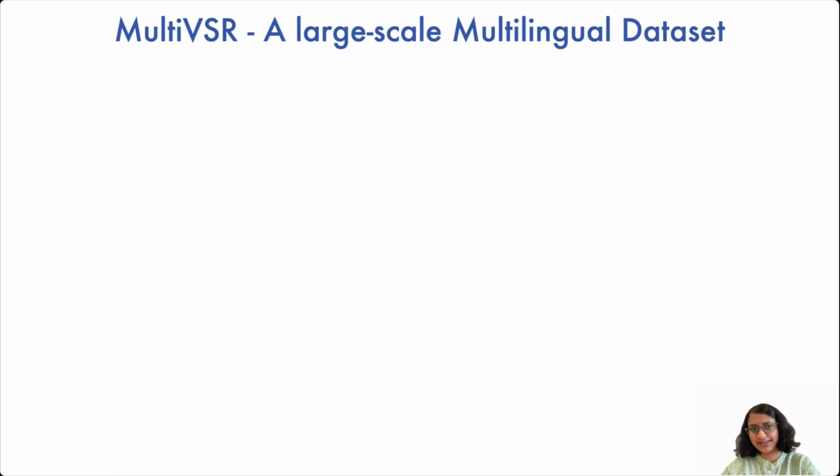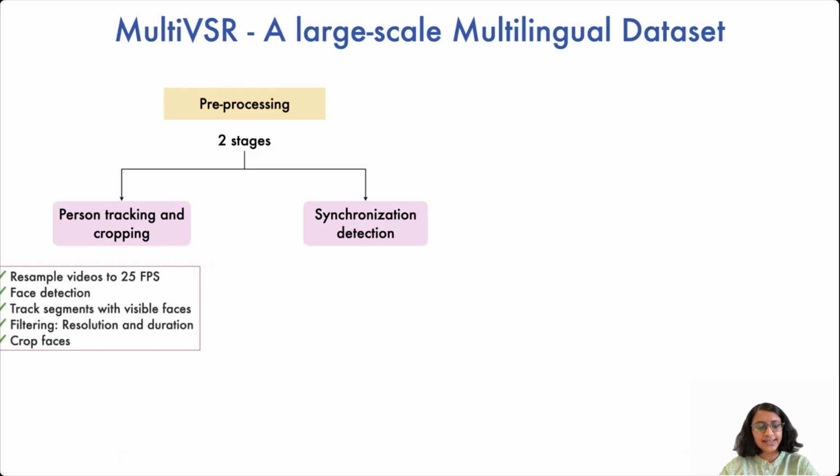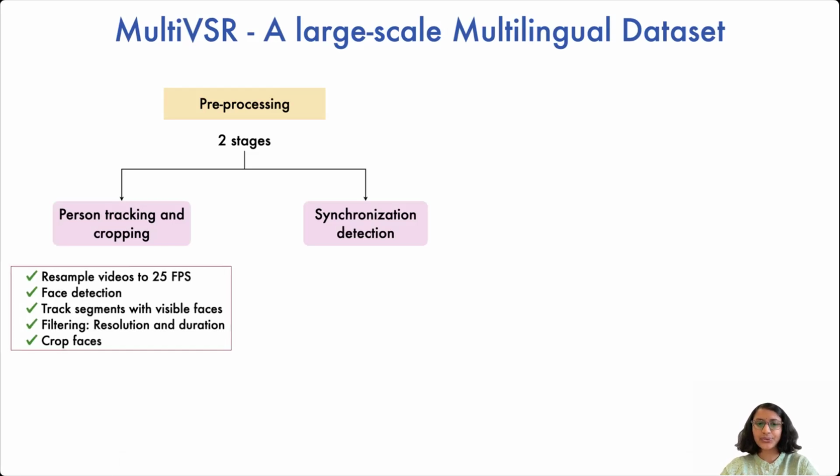To create MultiVSR, we start with raw YouTube videos. Once we collect these videos, the next step is pre-processing. Our pre-processing pipeline involves two stages. First, person tracking and cropping, and second, synchronization detection. We start by resampling the videos to 25 frames per second and detecting faces in each frame.